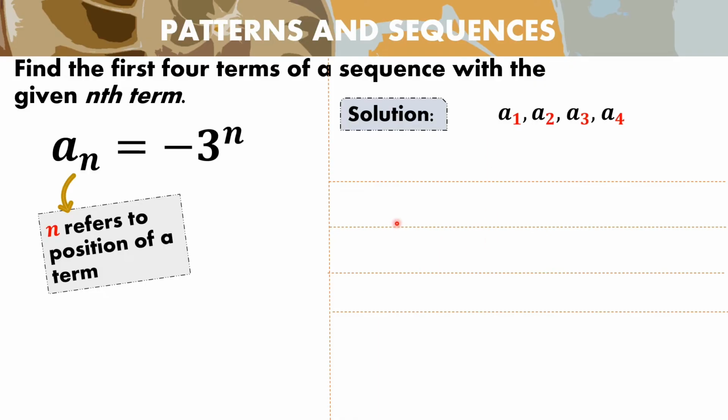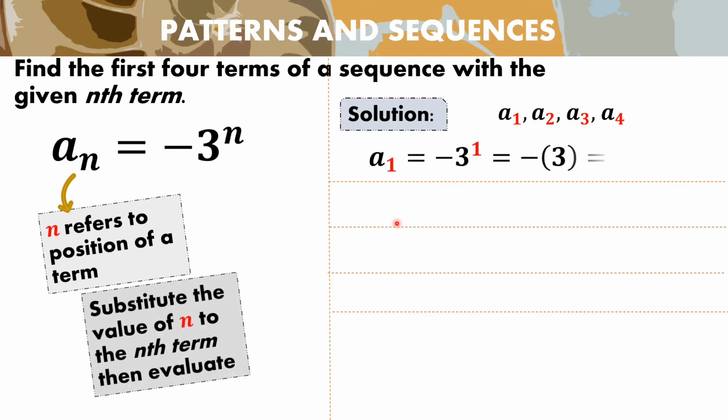First term, n is equal to 1. Substitute the value of n into the nth term, then evaluate. That is negative 3 raised to 1 equals negative times 3 equals negative 3.